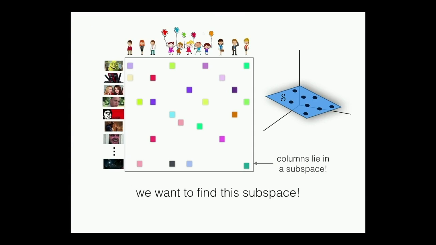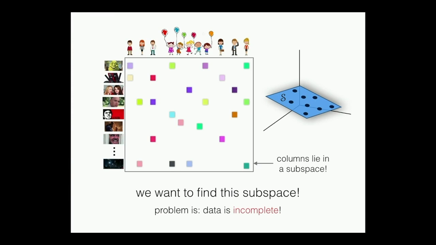Now, in a recommendation system scenario, a given person has only rated or reviewed a few of the movies in the whole system, and we want to make predictions. What movies will an individual like next, so we can make those recommendations? So we'd like to figure out where those people sit in that low-dimensional subspace.